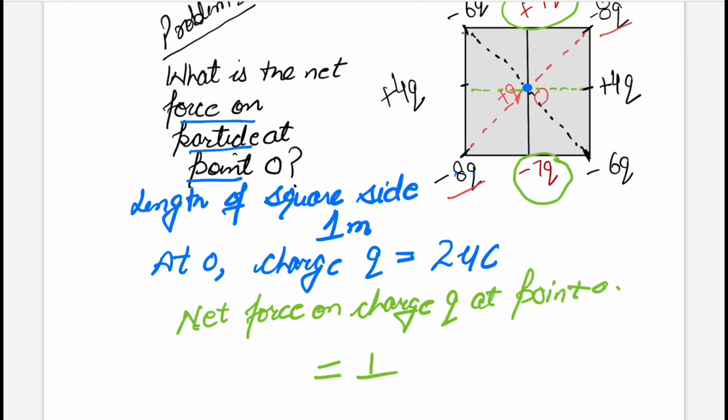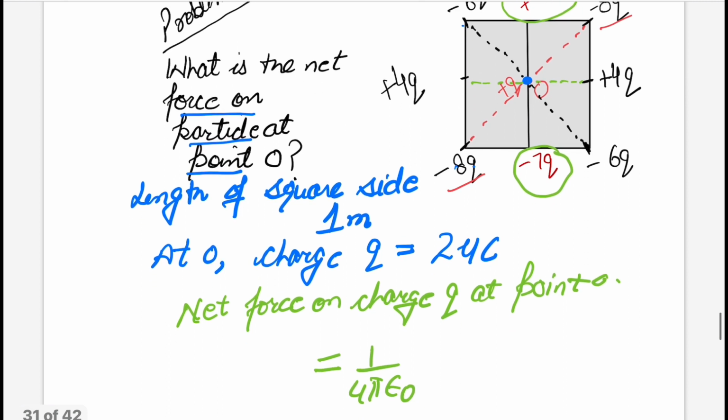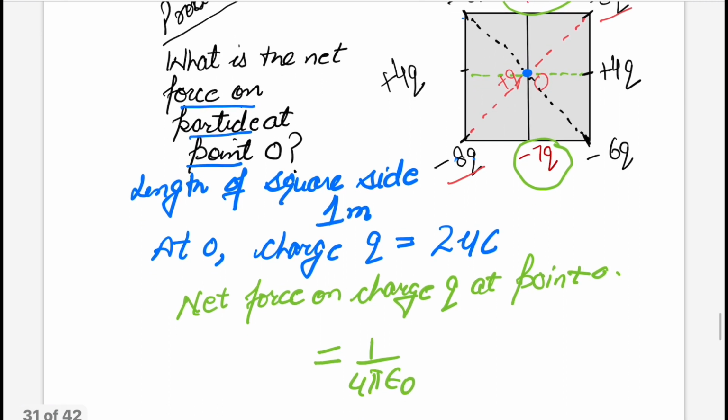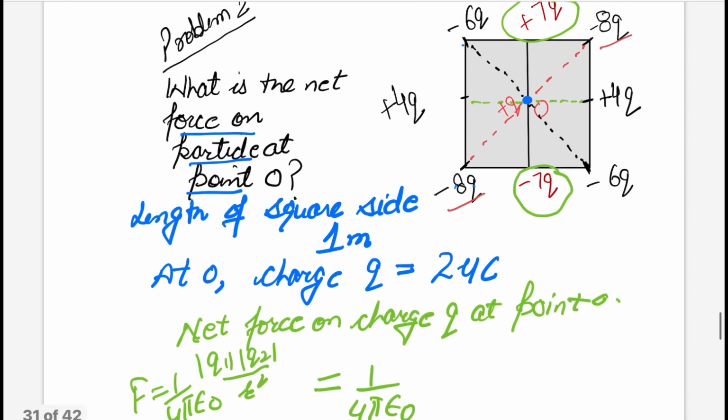right? So it will be 1 by 4 pi epsilon naught. First of all, let us write for plus 7q charge. For plus 7q, we know the Coulomb force is F equal to 1 upon 4 pi epsilon naught, modulus of q1 q2 divided by r squared. So modulus is there, so it doesn't matter whether the charge is plus 7q or minus 7q, the amount of charge will remain the same.